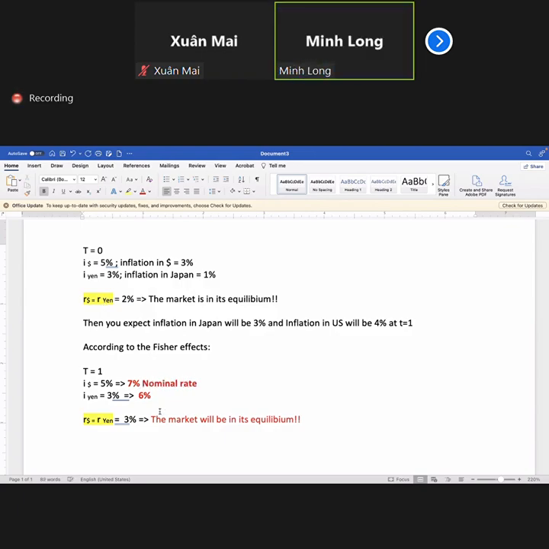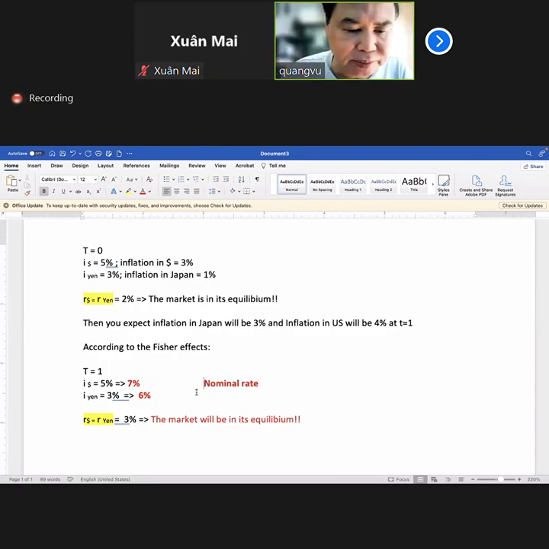Okay, got it. Thank you, teacher. Oh, you're good. Okay, good question. Nominal rate, small i, is denoted as nominal rate. And small r, real rate.